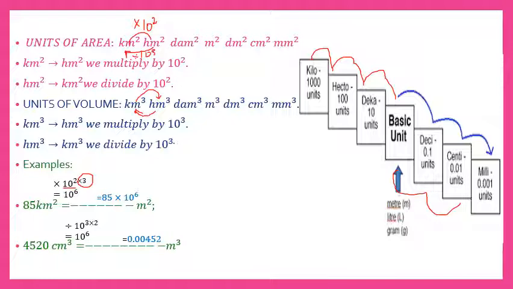Why do we have this? Because if I have a decimal point here, I have to move back 6 place values, and the decimal point will stand here, and I will have 0.00452.